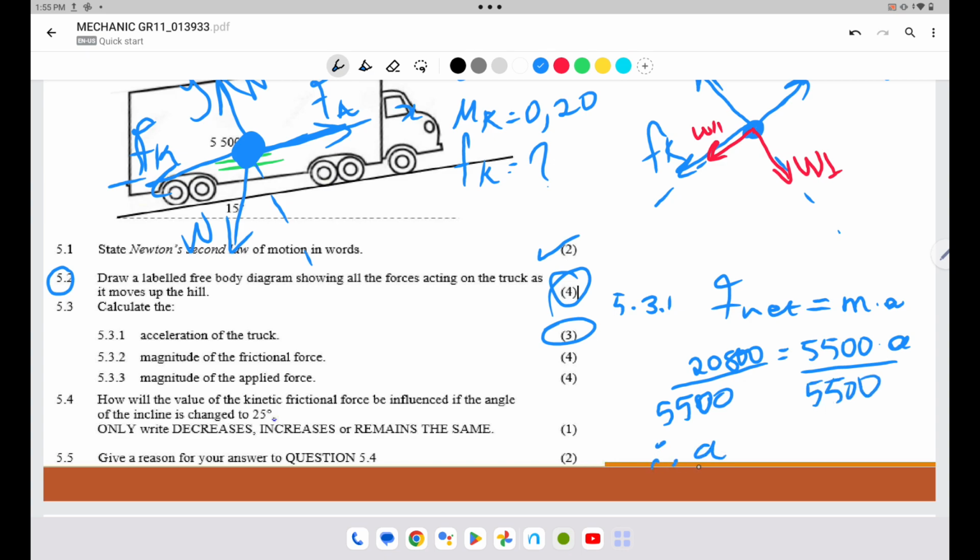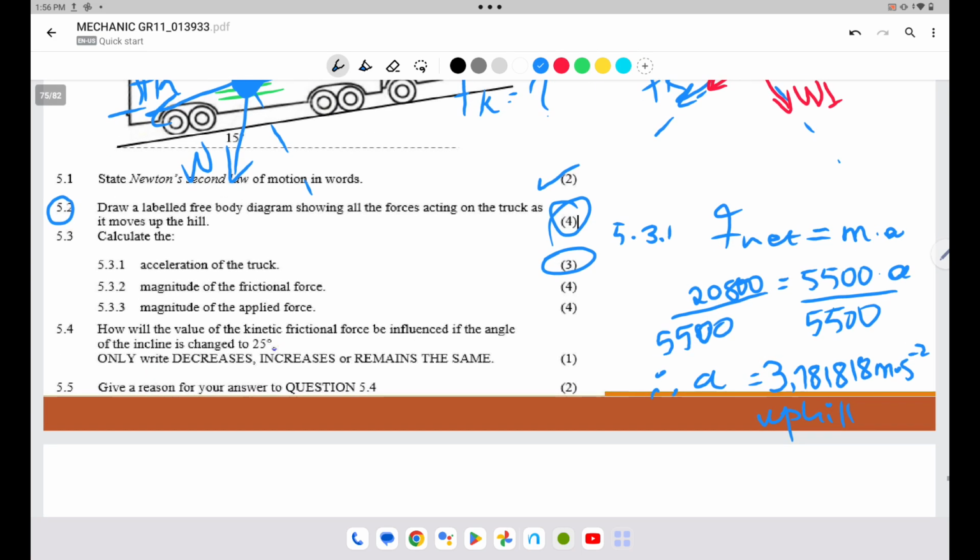Therefore, the acceleration will be, I'm going to grab my calculator, 3,78. I'm just going to keep as many decimal places as possible. Meters per square second. This means that the acceleration will be that much uphill. I'm just going to say uphill because they used uphill.